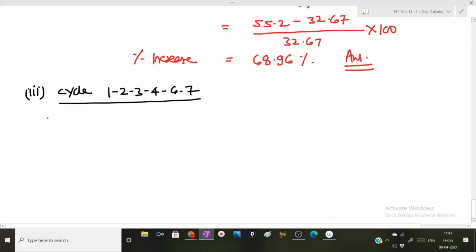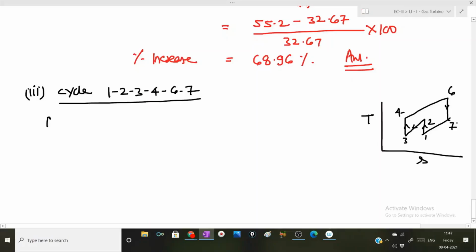So first consider the cycle is like this: 1, 2, 3, 4, 6, and 7. So T2 is not known to me and T4 is not known to me. 6 and 7 are going to remain the same.